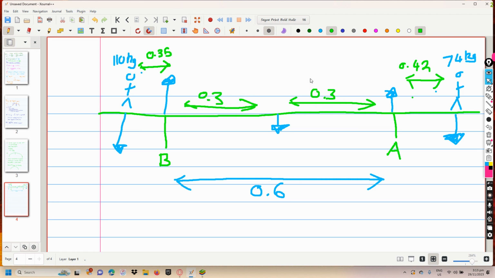Okay, now we need to work out the forces. This is 110 kilograms times 9.8. It's 1,078 newtons.